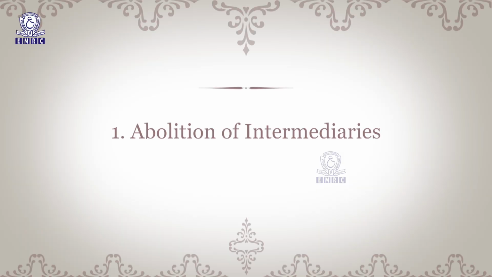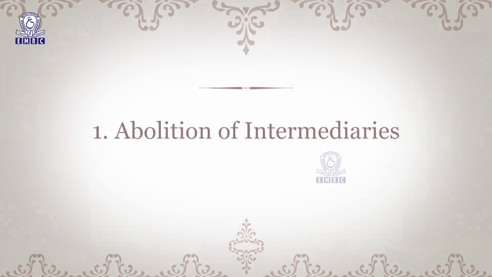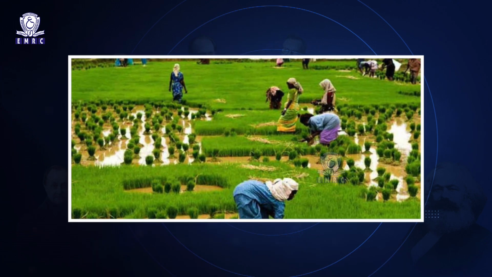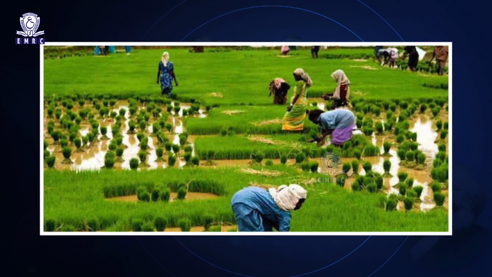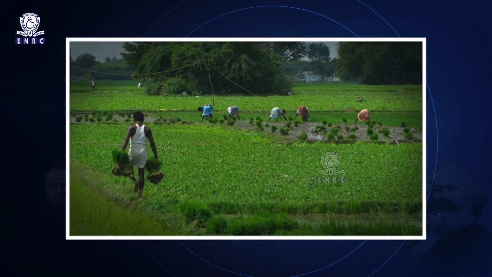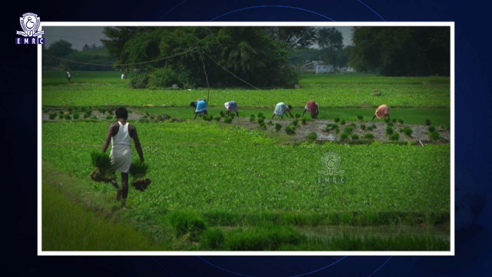Now, let us discuss the measures contemplated by the Government of India as part of land reforms. Number 1, abolition of intermediaries. Even before independence, it was widely recognized that the main cause of stagnation in the economy was the stagnation in the agricultural sector, and this stagnation could to a large extent be attributed to exploitative agrarian relations.